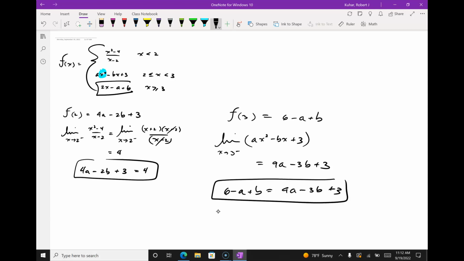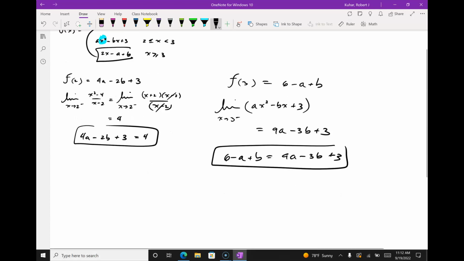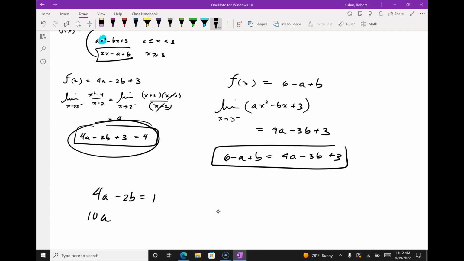So I've got a system. I have two variables, two equations. It's a system of equations, right? I'm going to simplify them a little bit. I get 4a minus 2b equals 1. Is that okay from there? And the other one is 10a minus 4b equals 3.